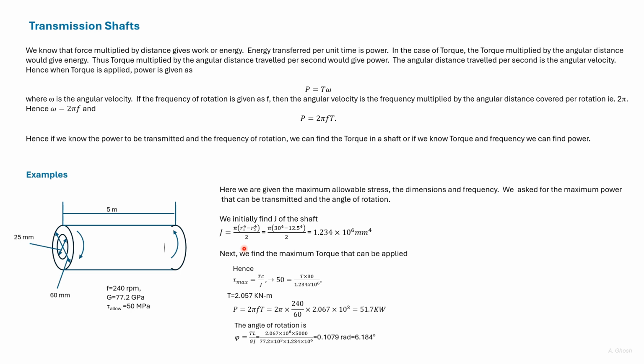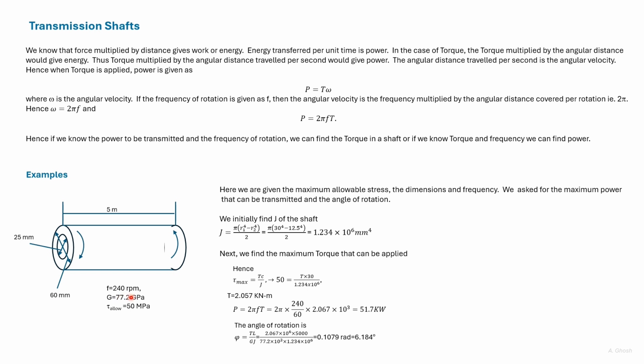Now we are given the maximum shear stress. Using the maximum shear stress, and since we have the geometric parameters, we can find the torque, or the maximum torque that can be applied. The frequency is given in RPM or revolutions per minute.